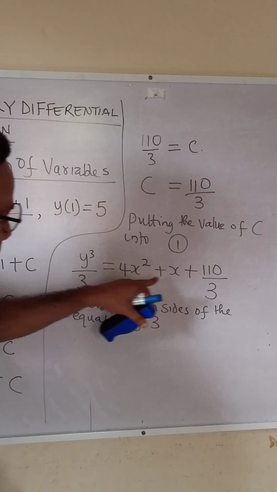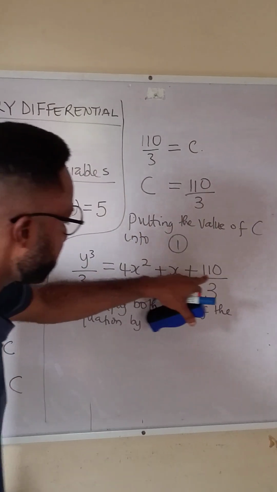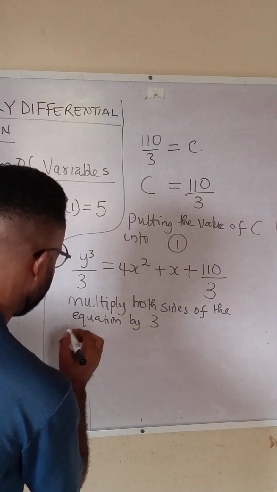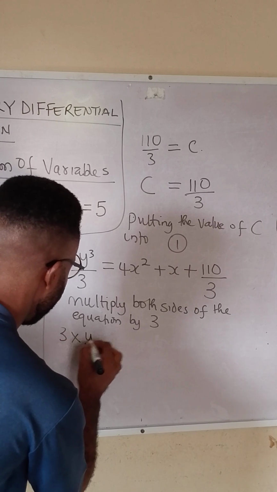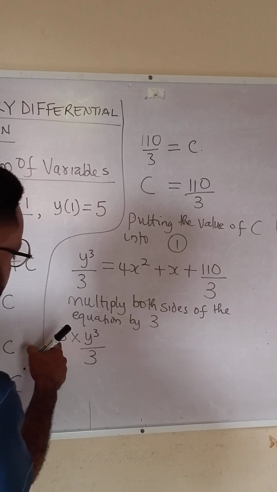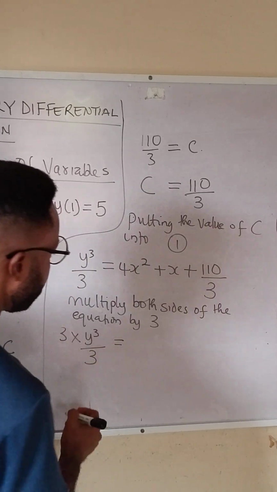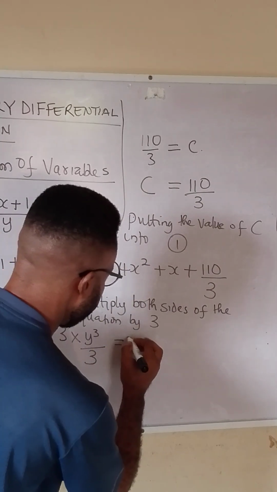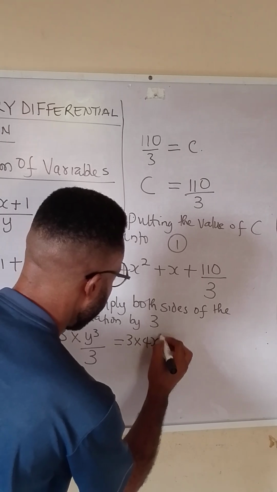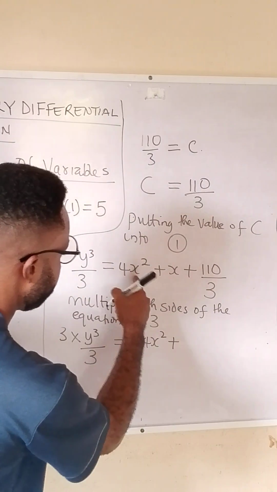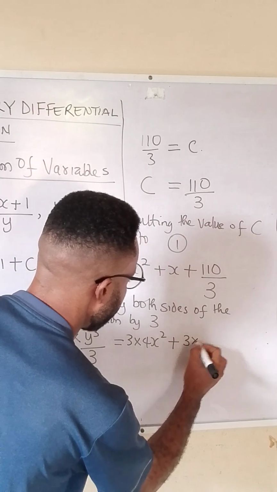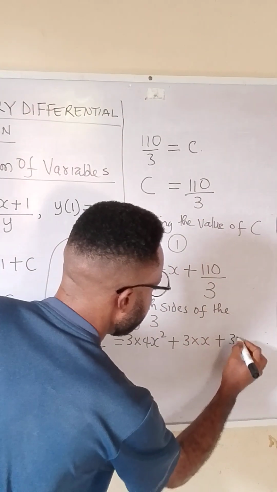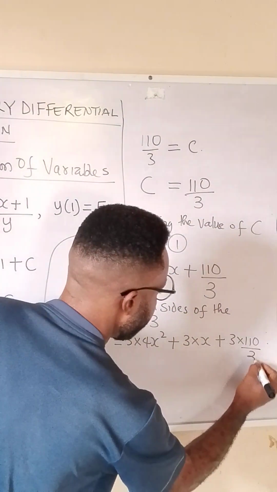If I multiply both sides of this equation by 3, from the left hand side I'm going to have 3 times y cubed all over 3, which will be equal to, because we have a lot of variables here, let's multiply it bit by bit: 3 times 4x squared plus 3 times x plus 3 times 110 divided by 3.